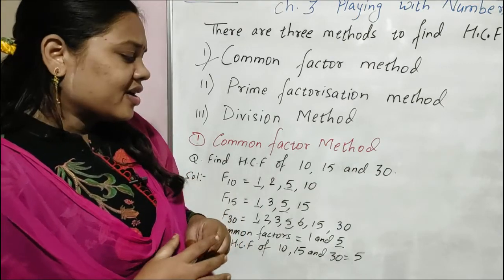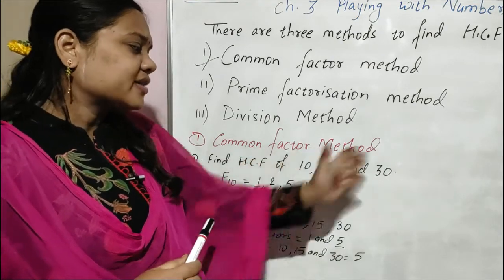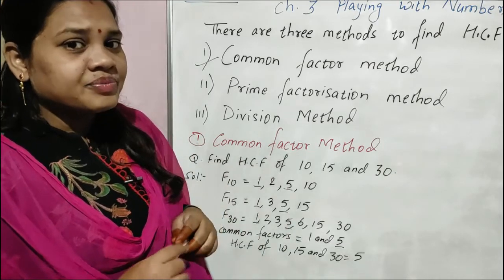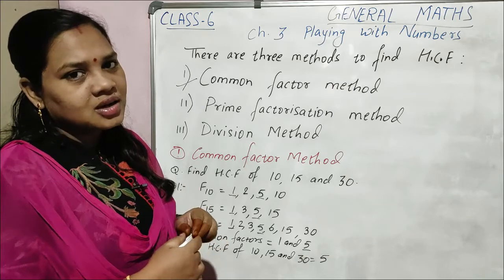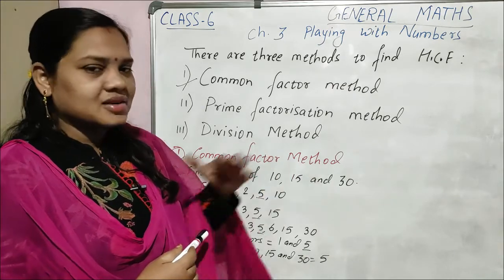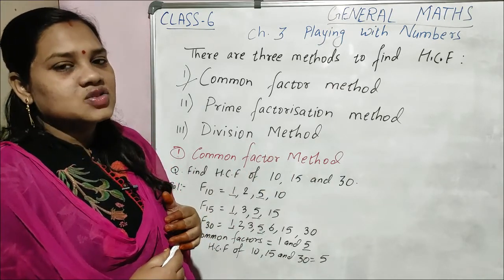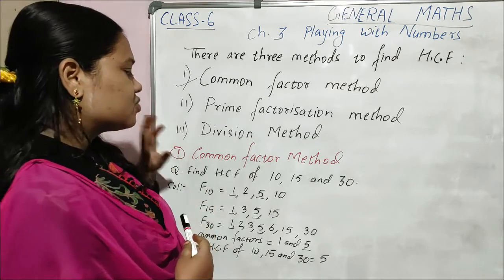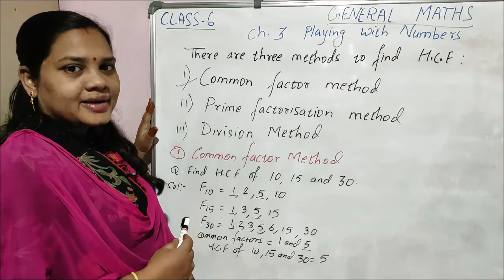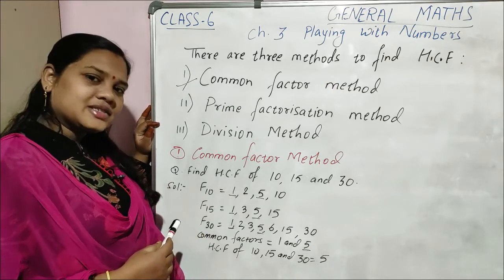Is there any number greater than 5 which divides all these three numbers exactly? Not there. 5 is the only highest number which divides all these three numbers exactly. That is HCF. Clear, children? So this is which method? Common factor method. Very simple, no?